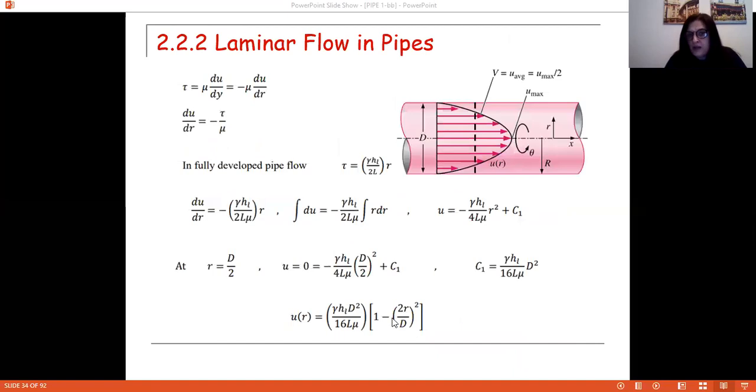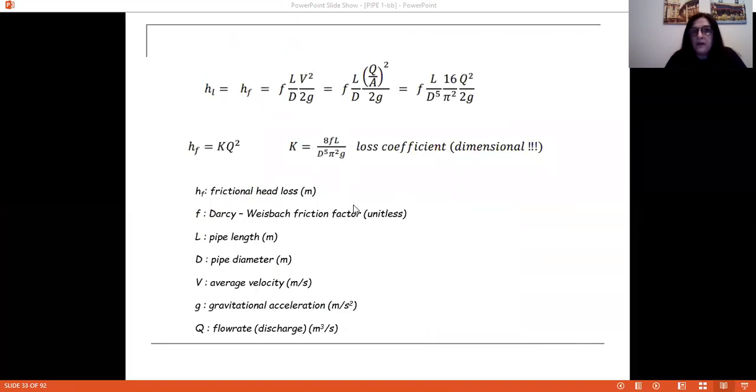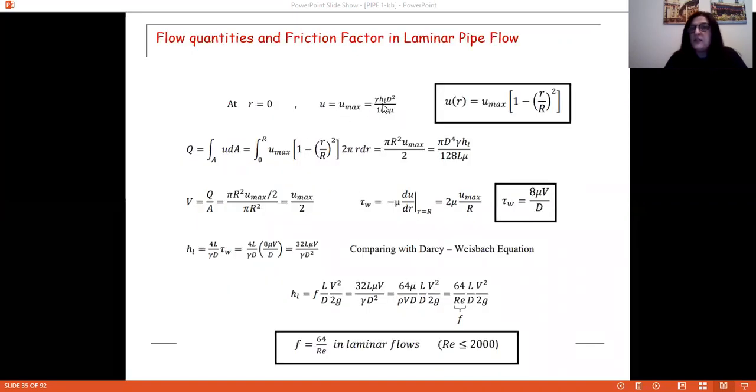And when you put r equal to 0 here, that u max will be equal to that term. So u max is equal to specific weight, head loss, D squared divided by 16 L mu.